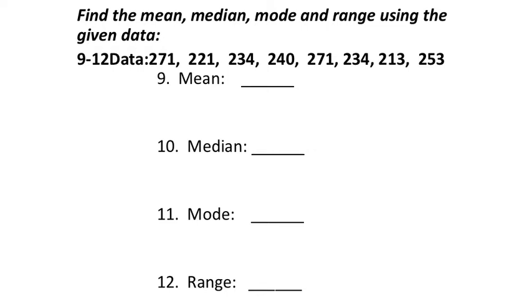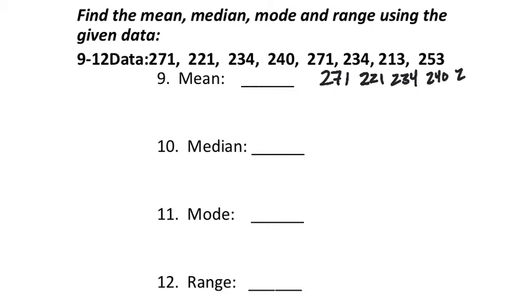Find the mean, median, mode, and range with this stuff. So let's find, it says the mean first. So let's list all these values. I'll put this information here on the right. And we need to add all the values together, right? So the first one there, 271. And then the next one, 221. See if I can fit this in. 234 is next. And then 240.